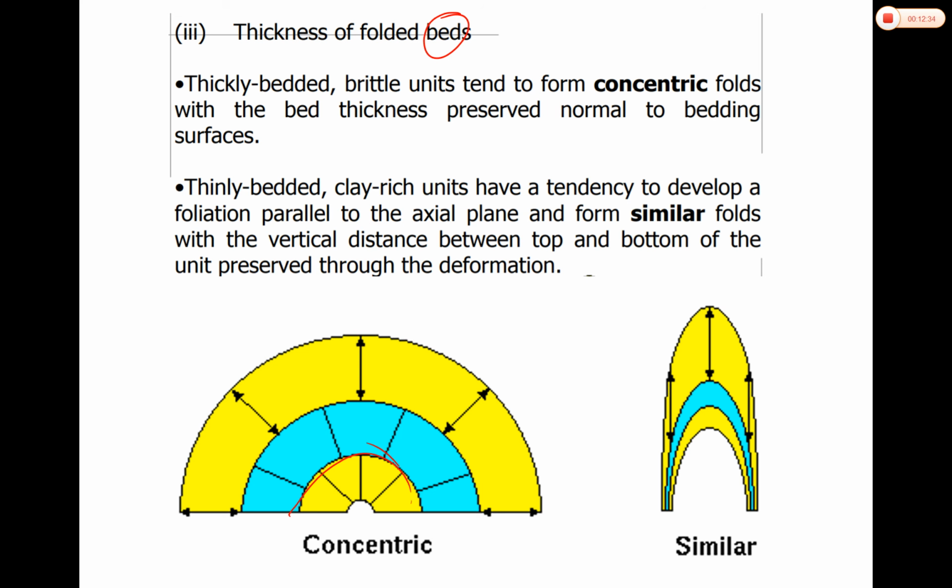Compared with the thinly bedded, where it is thinner, it will become a similar fold like this. The thinner layer of the beds, the thickness of the layer. Alright, so this is for the fold.